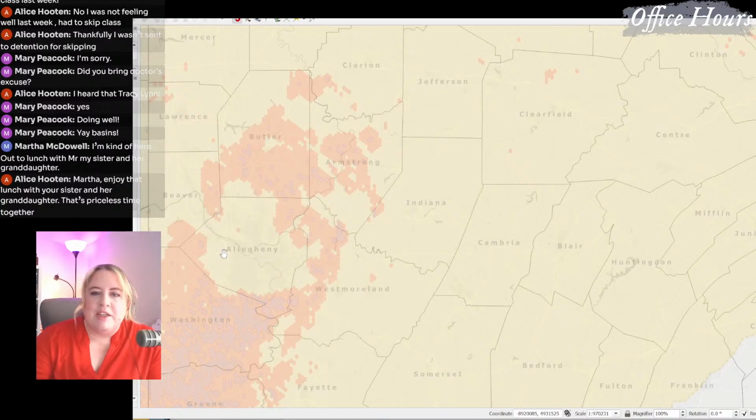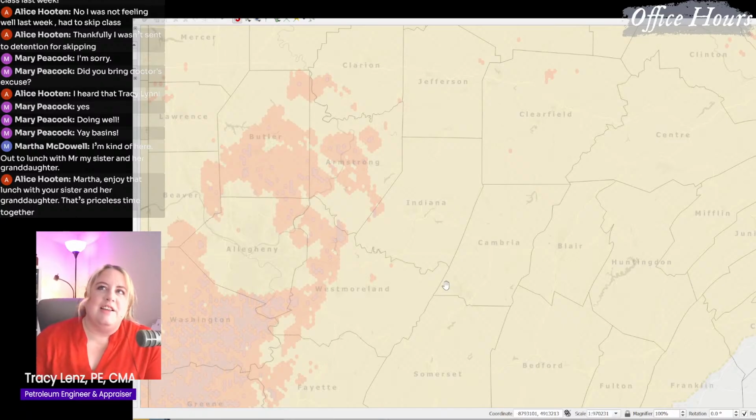We made a drive from around here, this direction, we'll just say. And the geologist that was on our team at the time was a very quintessential geologist.